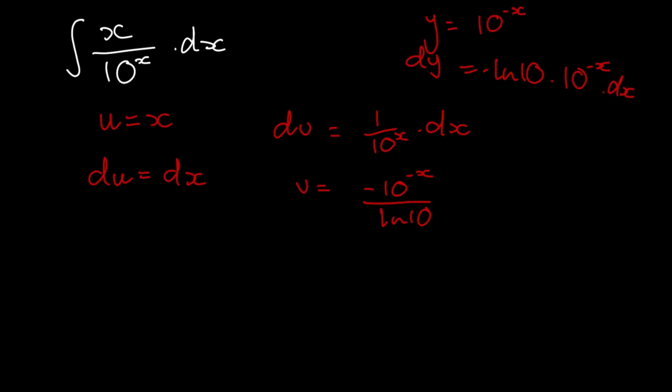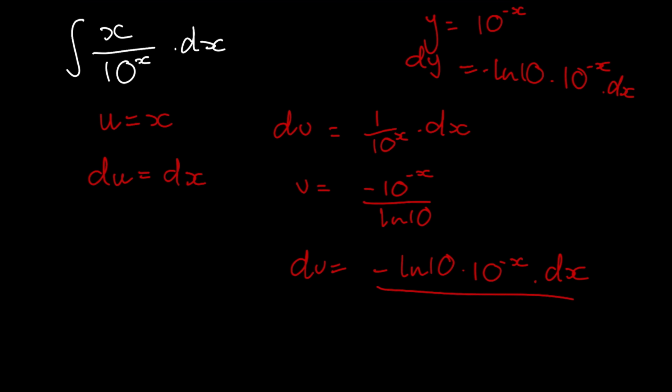So, to check this, we differentiate v in terms of x. And the derivative of 10 to the negative x is negative ln of 10 times 10 to the negative x. So I'll write here, dv is equal to negative ln of 10 times 10 to the negative x dx, okay?